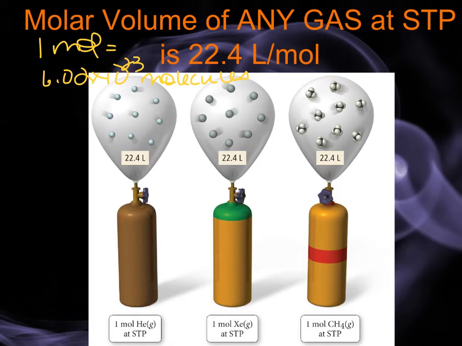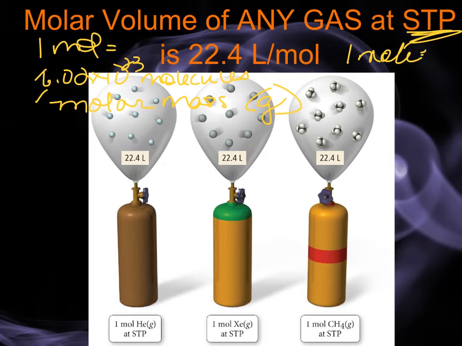If we're talking about grams, then 1 mole equals the molar mass of the substance. Okay, so that's when we're talking about grams. And now our new conversion factor is that if we're talking about gases, and they have to be gases at standard temperature and pressure conditions, 1 mole of any gas at standard temperature and pressure conditions is 22.4 liters. Okay, so make a note of that. It's something you need to commit to memory.